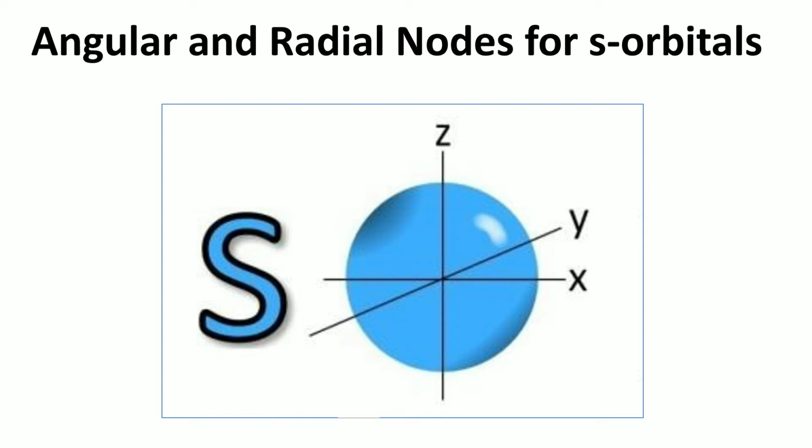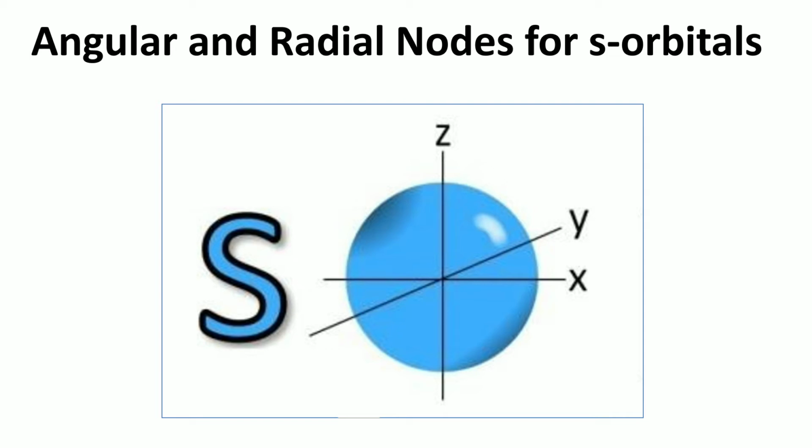It is also observed that the size of the s orbital increases with increasing principal quantum number. That is, the size of 4s orbital is more than 3s orbital, 3s is more than 2s orbital, and 2s is more than 1s orbital. So the electron is located further away from the nucleus as the principal quantum number increases.